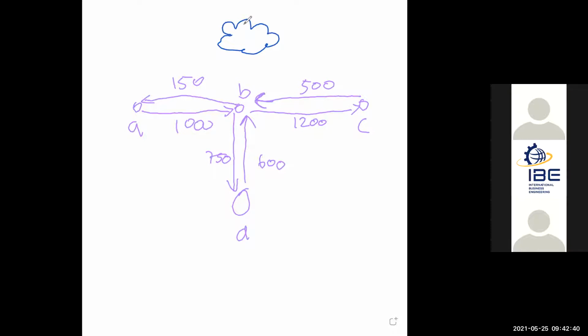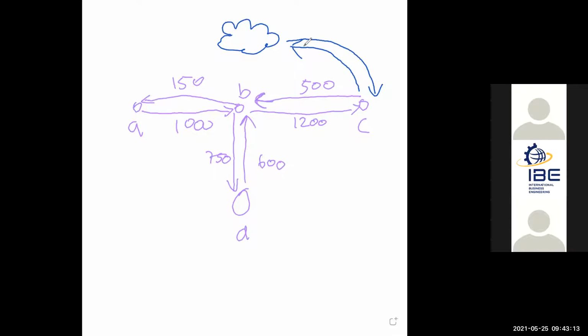So you go from C, for example, to the cloud node. There will be 2 arrows from C to the cloud, right? Yes, correct. So how much is from C to the cloud? 700?